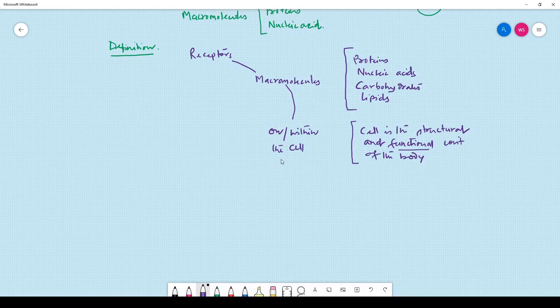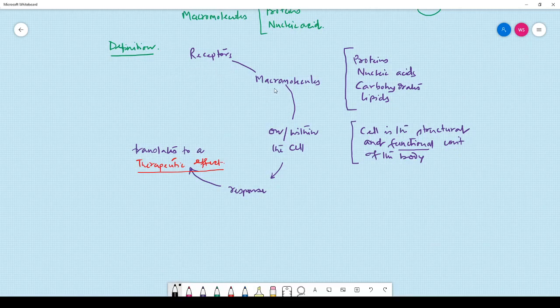That's the idea. Within the cell, that brings about a response which translates to a therapeutic effect.